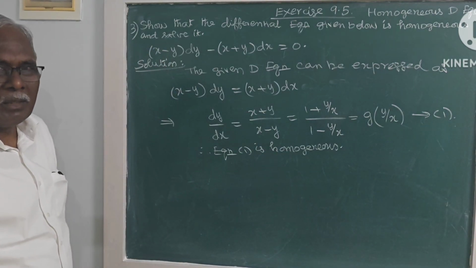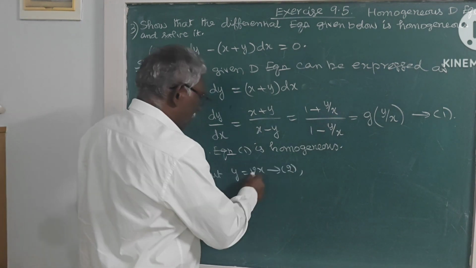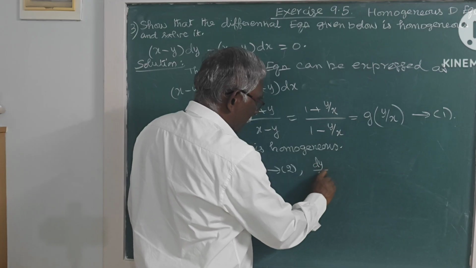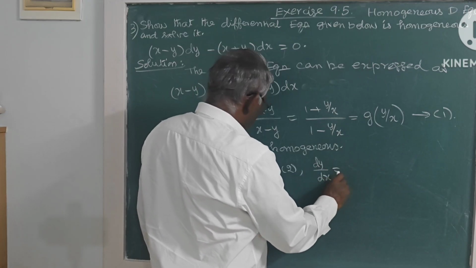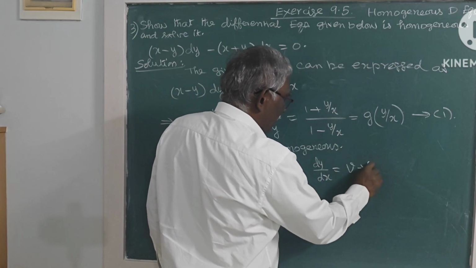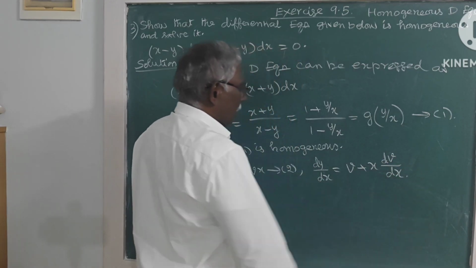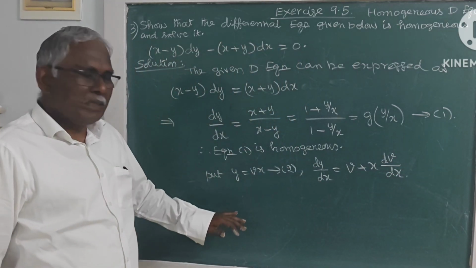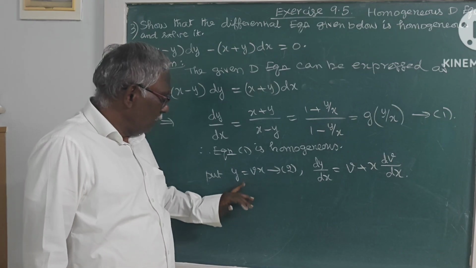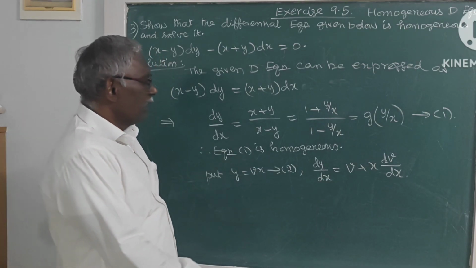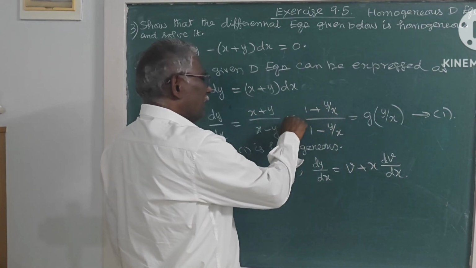Now we have to solve it. To solve, what we have to do? We have to put y is vx. If we differentiate, what will come? dy by dx is equal to v plus x into dv by dx. So for a homogeneous equation, always we have to take y is vx and dy by dx becomes v plus x into dv by dx. That we have to substitute in the given equation.